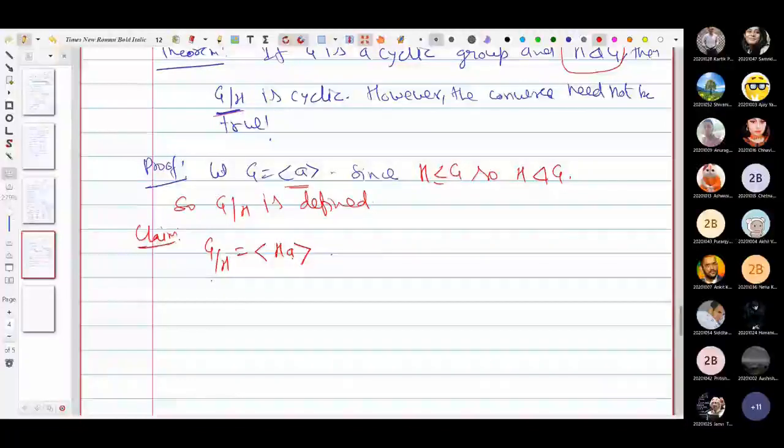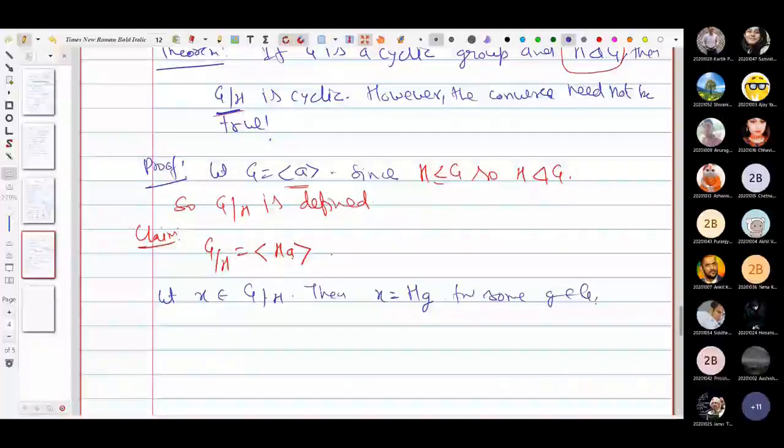Let us take some element here. Let X belong to G by H. Then X equals Hg for some g belonging to capital G. Now, since g belongs to G and G is cyclic, that is generated by a, this g equals a to the power m for some integer m.